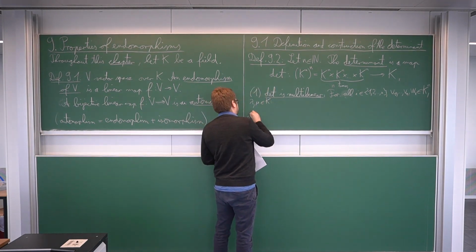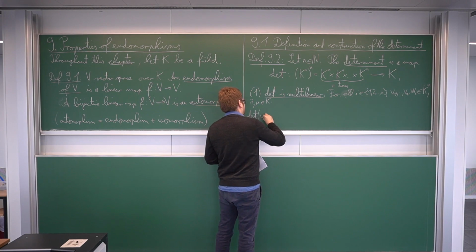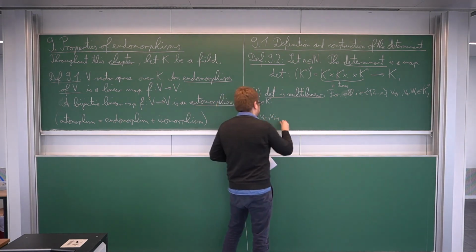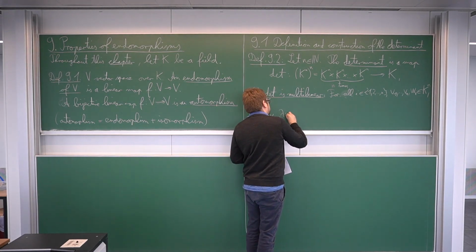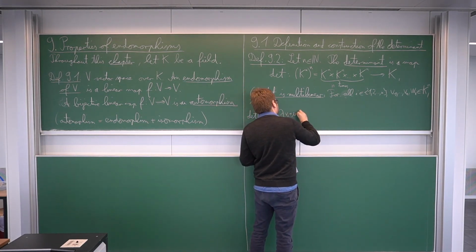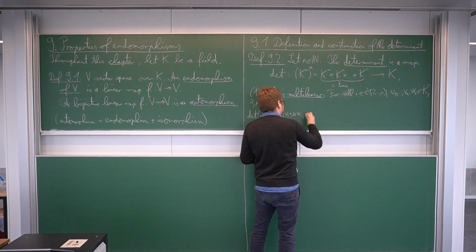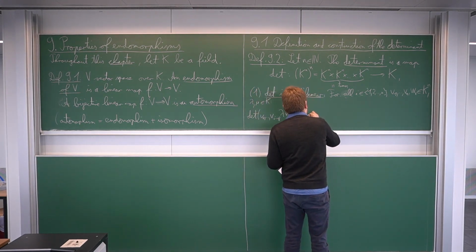I want that if I take the determinant of v1 to v_{i-1}, I just take these vectors, and in the ith component I have lambda times vi plus mu times wi, and the remaining vectors are just v_{i+1} and so on to vn.